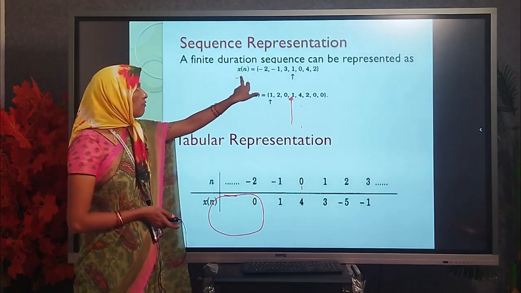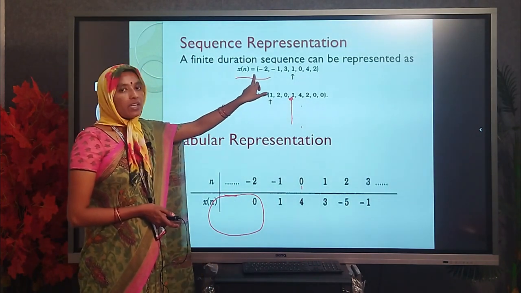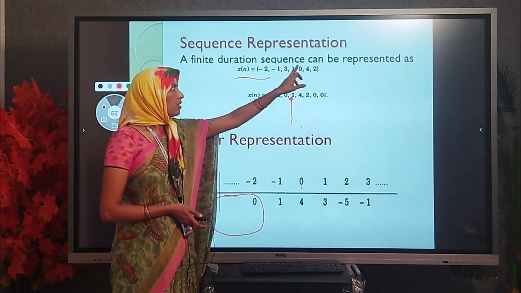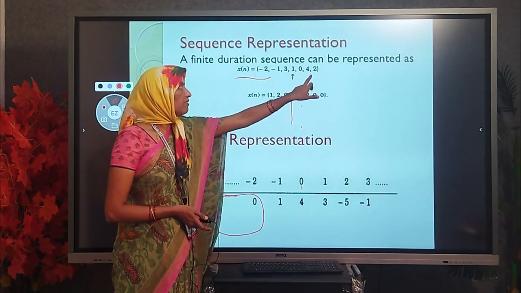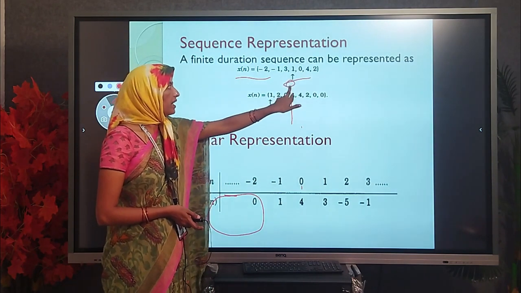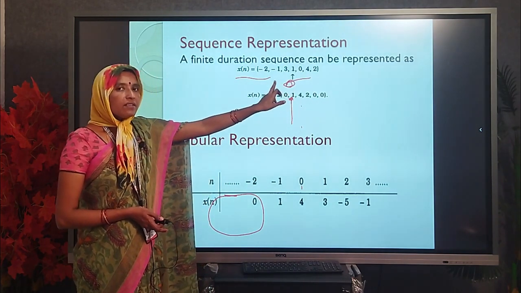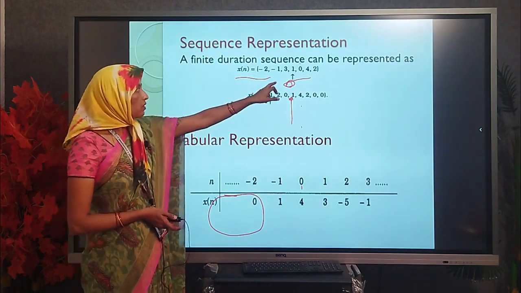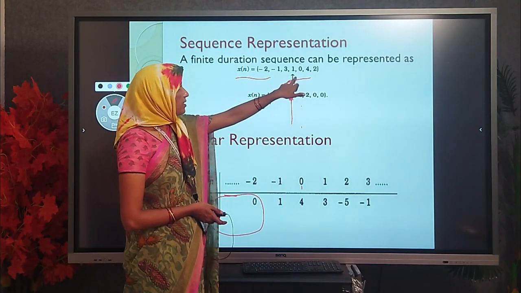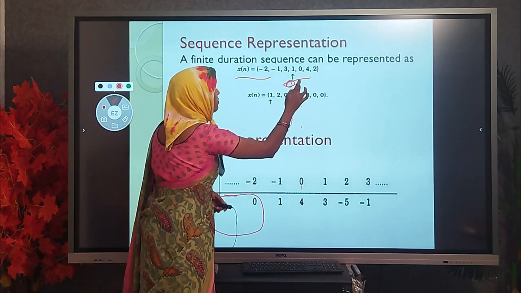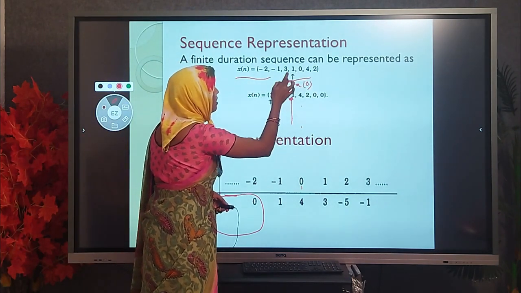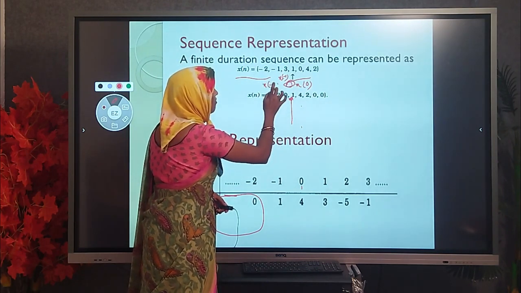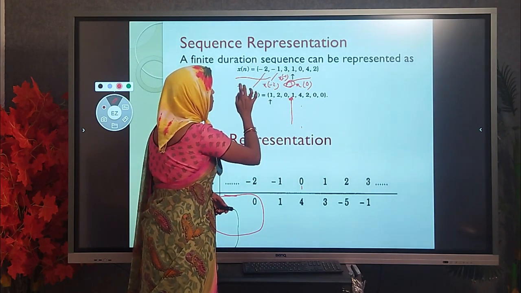Signal is represented in the form of a sequence like x of n equal to -1, -1, 3, 1, 0, 4, 2. It is represented in the form of a sequence, and here the arrow mark indicates the origin, meaning the 0th position value. So here this is the origin, the 0th position means x of 0 sample, towards the left hand side x of -1, x of -2, next x of -3.